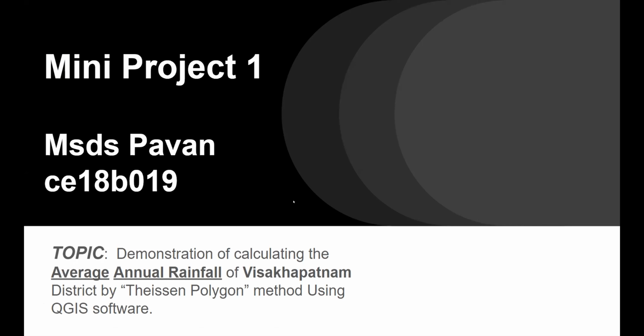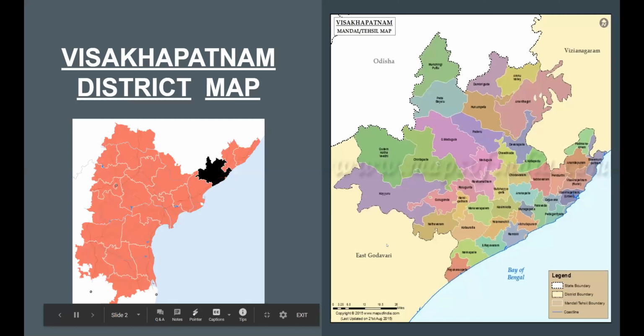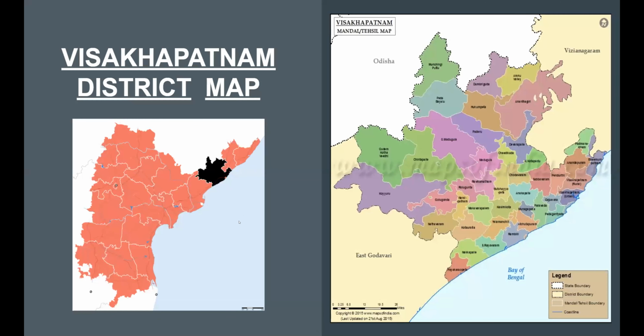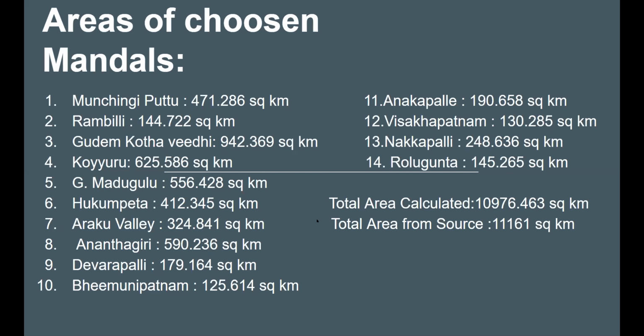I've taken Visakhapatnam, my own district, for calculation. This is the mandal map, and this is the Thiessen polygon map which I have chosen. These are the areas of the different mandals, and I've chosen 14 rain gauge stations, sir.